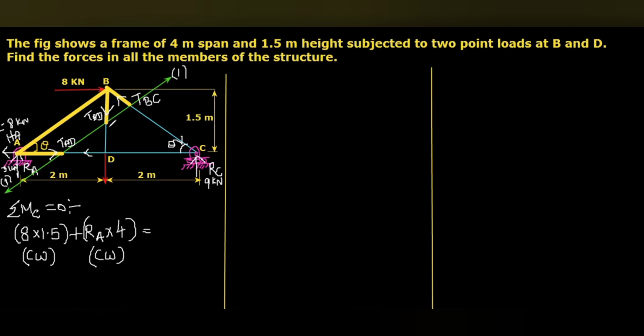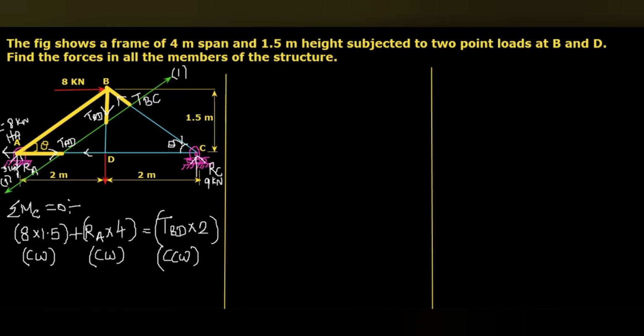If it is downward, then at distance 2 from the point C, TBD into 2 will be in counterclockwise direction.